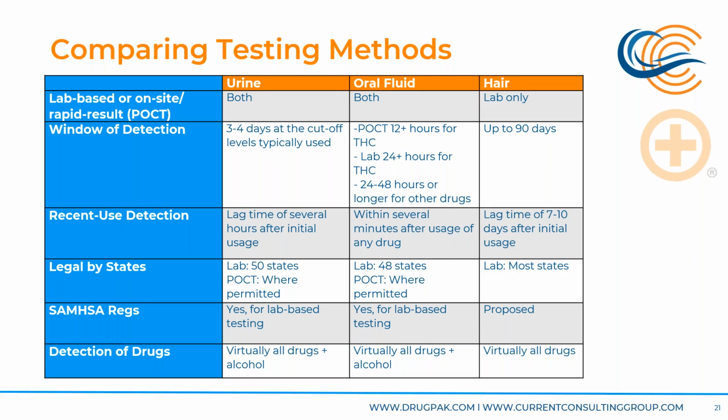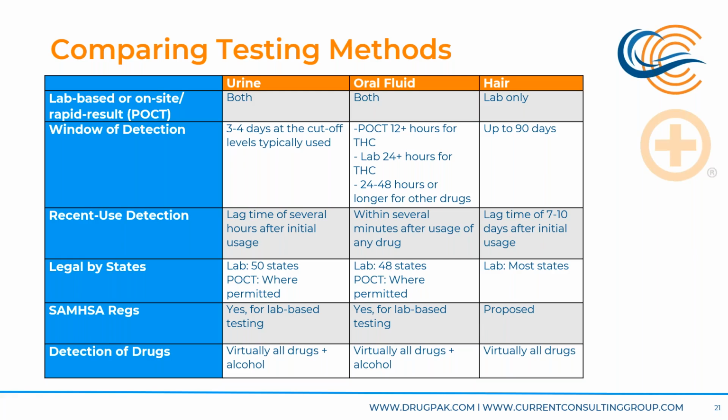Right now, we're just showing it as lab only, but that technology is out there. Very common, though, as you saw in that one result from our survey, urine and oral fluid are in common use in fairly significant percentages as both a lab-based or an on-site option. And probably in many cases, employers are combining the two technologies, lab-based with on-site, depending on the circumstances of the test.